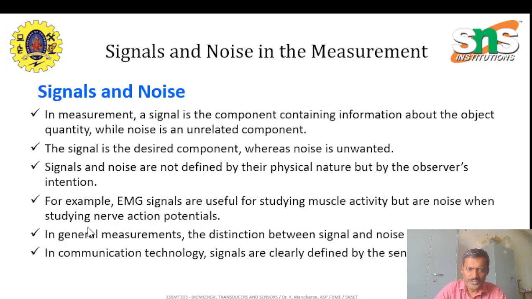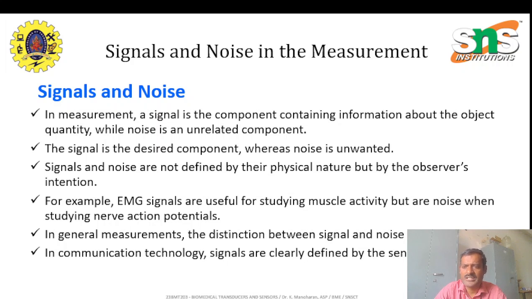For example, EMG signals are useful for studying muscle activities. Whenever you are studying muscle activity, we use EMG sensors and EMG signals. But when studying nerve action potential, muscular activity is not required, so there the EMG signals will be considered as noise. The same EMG signal is a signal when you are studying muscle activity, and the same EMG signal is noise when you are studying nerve action potential.